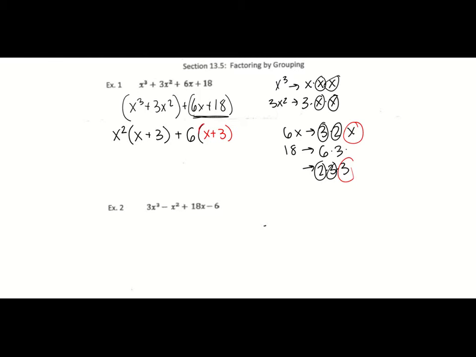Now if you notice, I have x plus 3 in both of these factoring groups. So I can take that x plus 3 as a greatest common factor and pull this out to the front. So I took this and this from both of my pieces and pulled it out to the front.